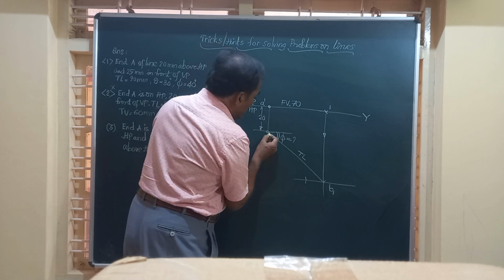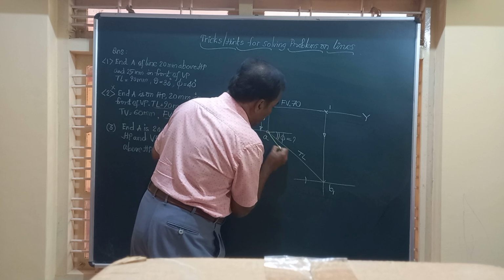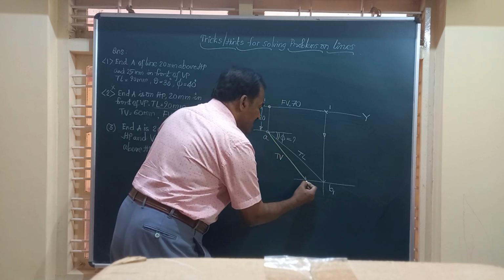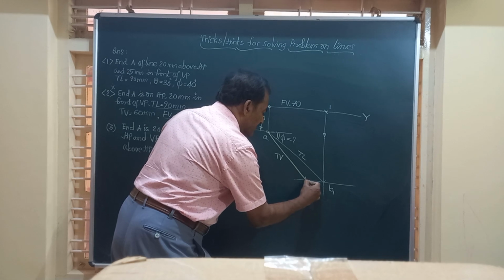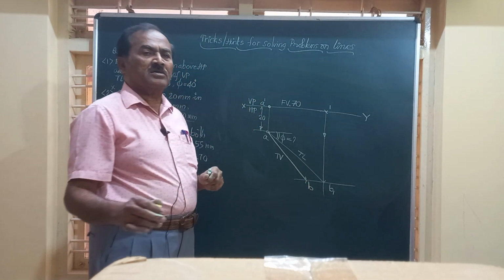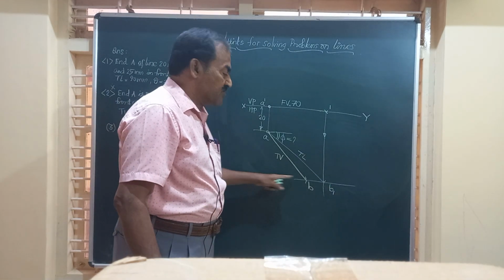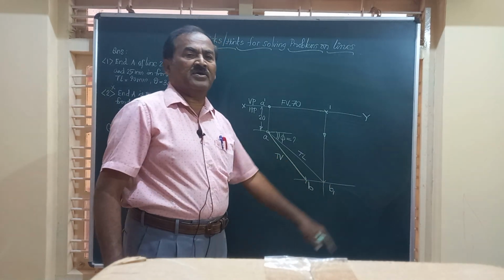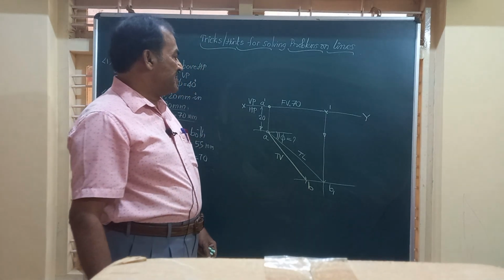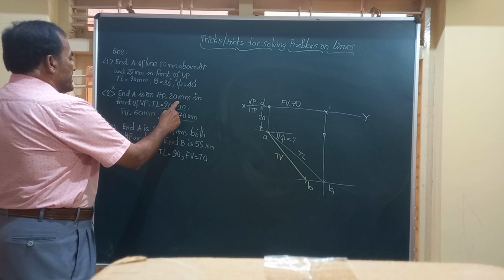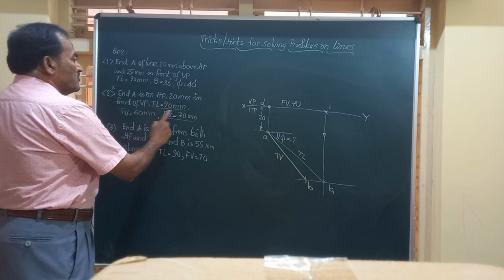Friends, if you join these two, this will give you the top view of the line, and this point is point B. Remember, in the top view, B and B1 lie on this locus. That is very, very important. And friends, you have utilized all the data about NDA, its true length, the top view, front view.